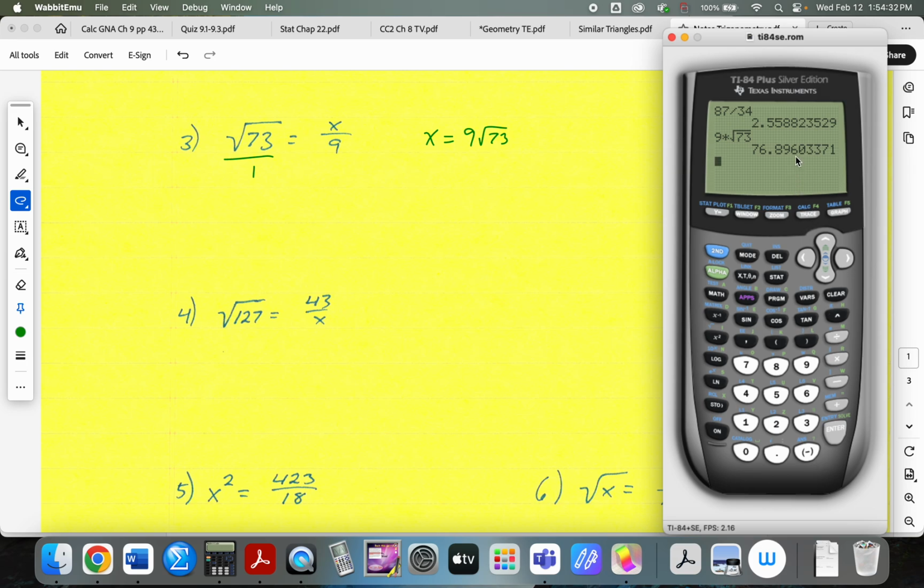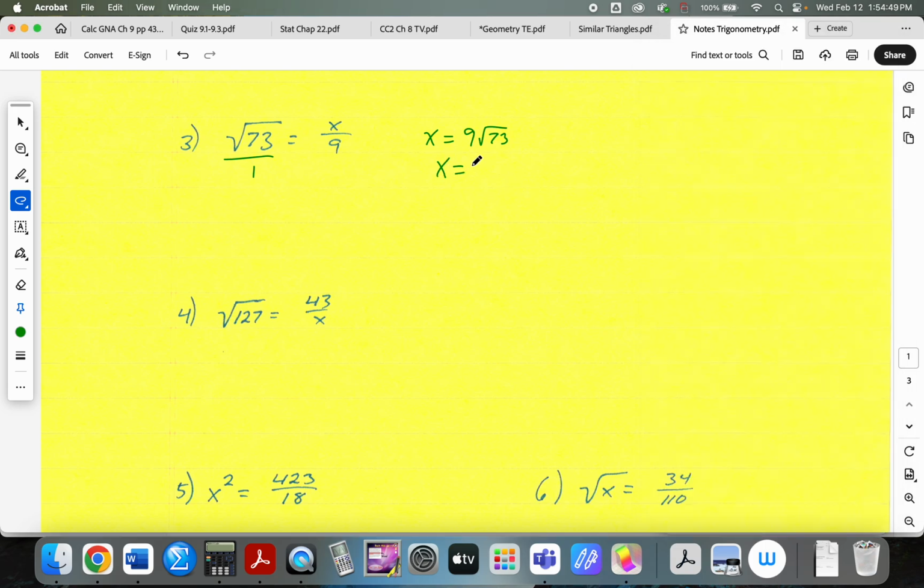Now on this one, when we're rounding it, we look at the place after the hundredths place, which is a 6. So we're going to add 1 to the 9, making it 10. So this is 76.90. That's to the nearest hundredth.